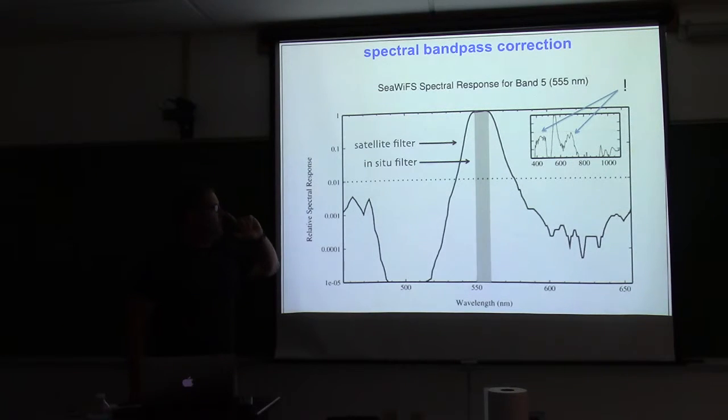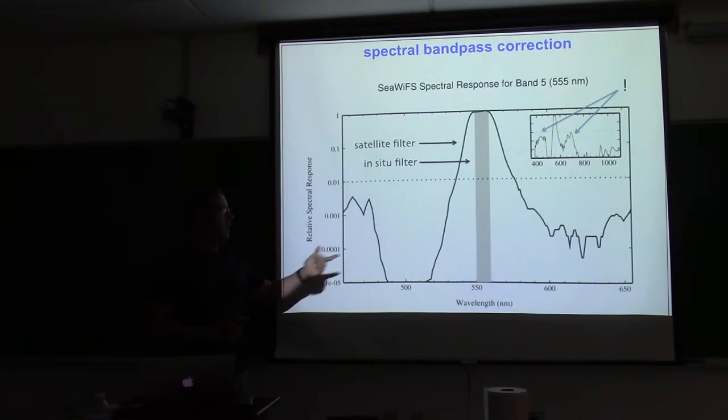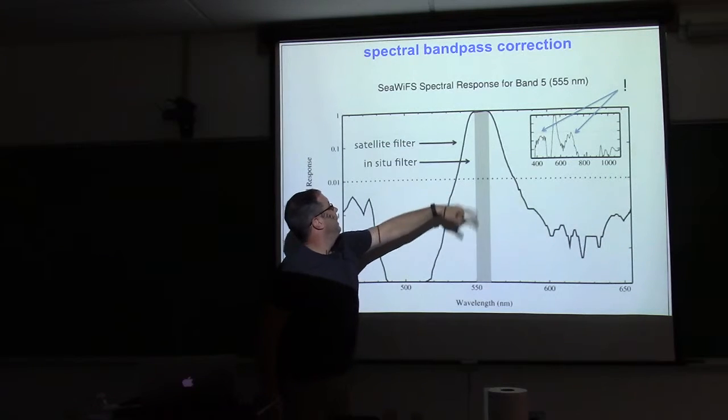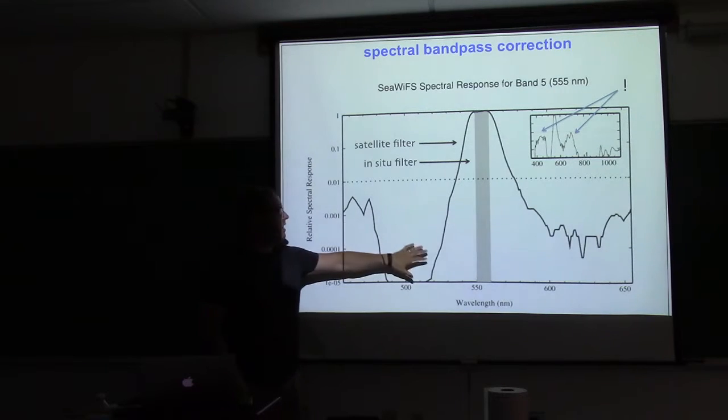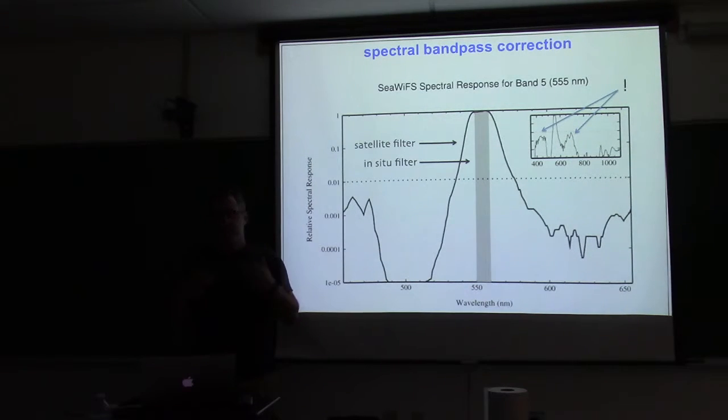Well, think of it this way. When you're developing your algorithms, at least in the era when this was important and you weren't using hyperspectral instruments, you were using filters on your in-water radiometers that generally had constrained, rectangular band passes. So you're out in the field, making measurements to validate this, or using those measurements to develop algorithms.